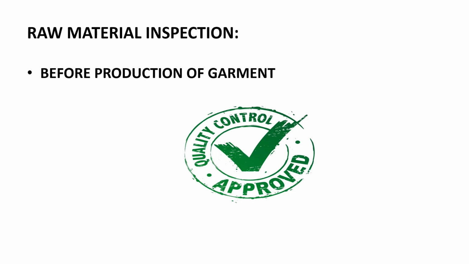Students, mind it, the inspection must be done before production, neither during production nor after production. The raw material to be used in the garment must be approved by the quality control department. That is the procedure by which a factory works in the apparel sector.